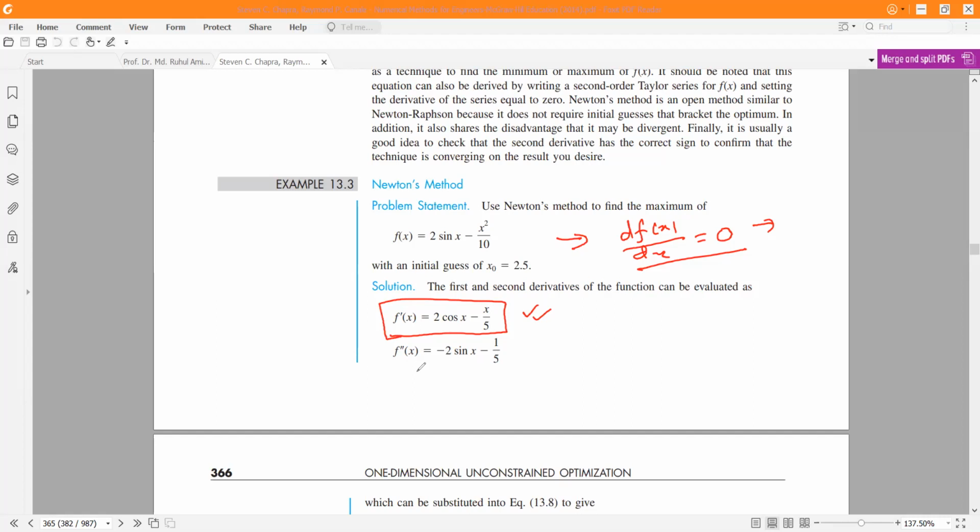Now, our objective is what? We have to solve this. This is g(x), and if we further take the derivative, this is g prime x, isn't it?